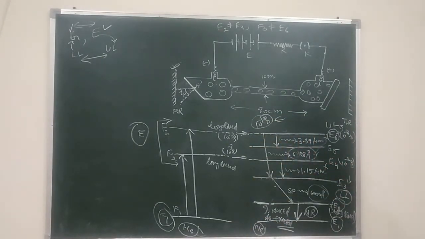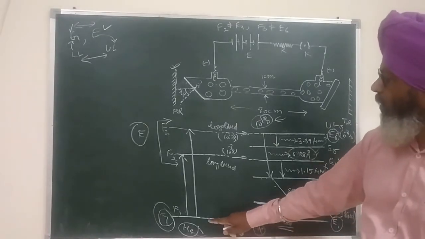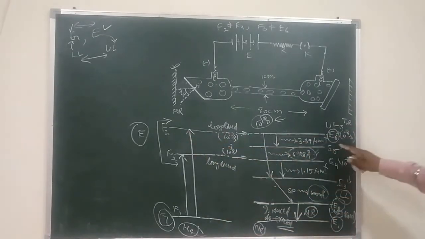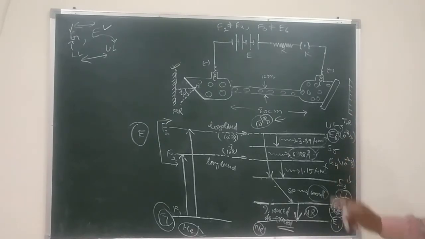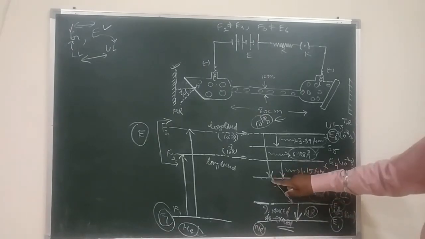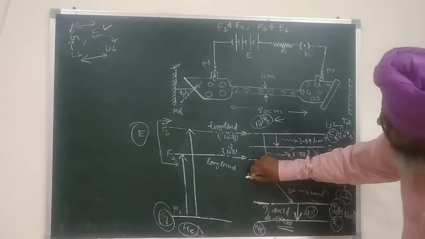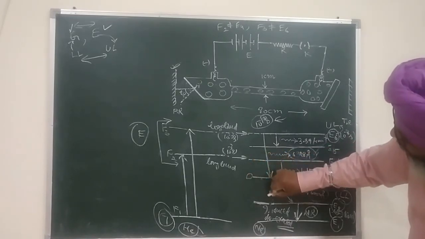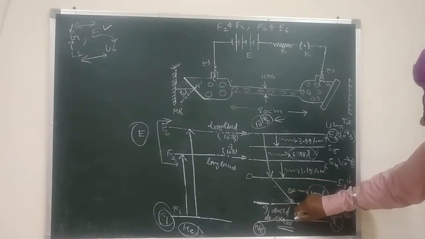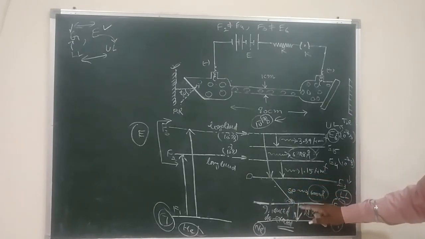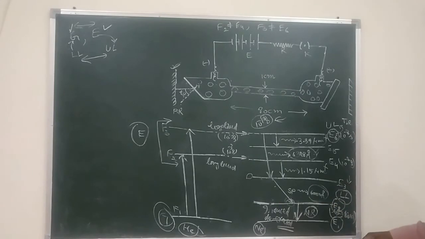And please remember, it is a 4-level laser, so you have distinct G, distinct E, distinct UL, and distinct LL. You get light from it continuously. No flashing of light will be taking place. Why? Because the lower lasing level, we always keep it at 0, because from here to here spontaneous emission is taking place, and from here to here de-excitation is taking place through an artificial mechanism, that is induced de-excitation.